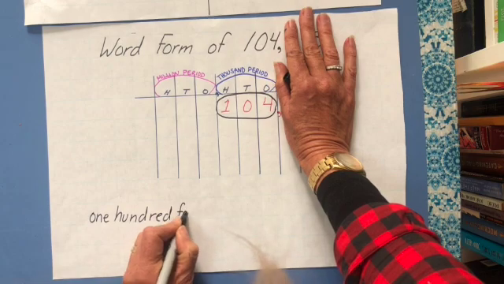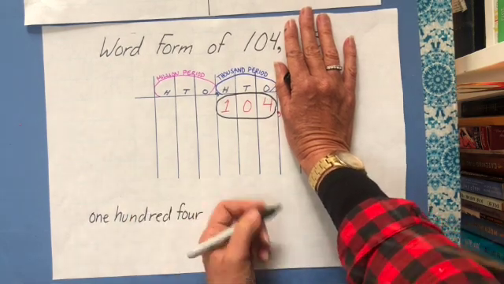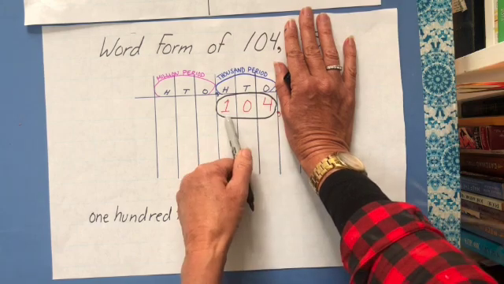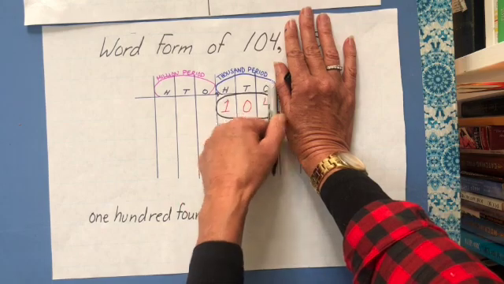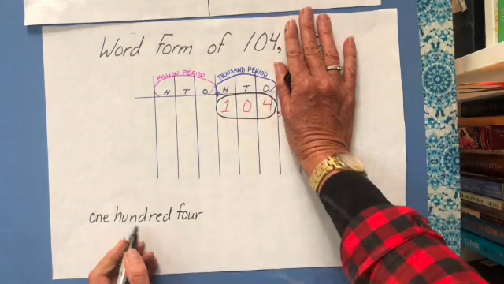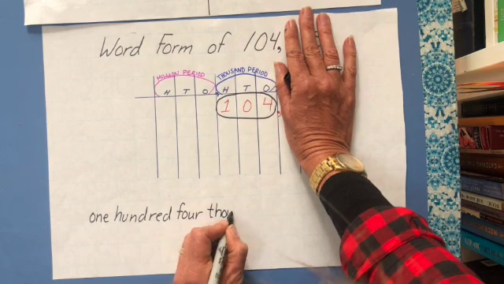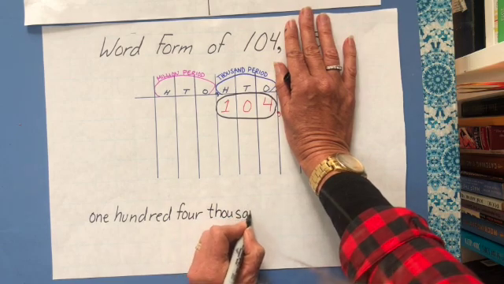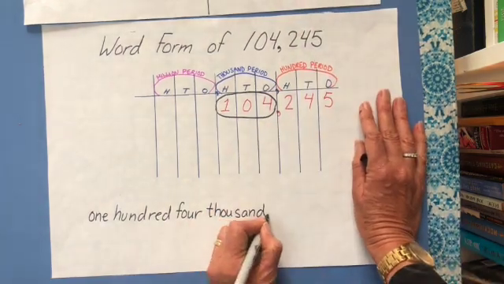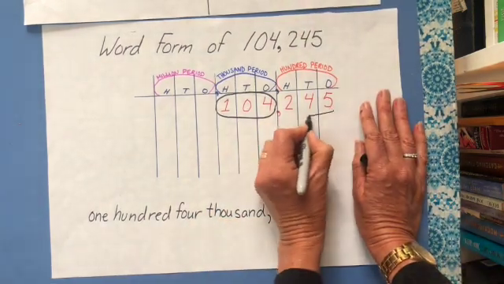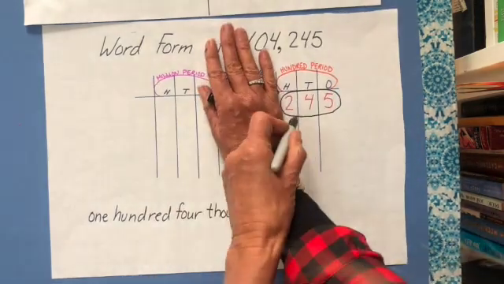And then I'd have to find out what period that was. A period is a group of 3 digits, and these 3 digits are in the thousands period. So I would write thousand, because that's the period that those are in. And then I have a comma. And now I'm going to do these 3 digits, which would be 245.